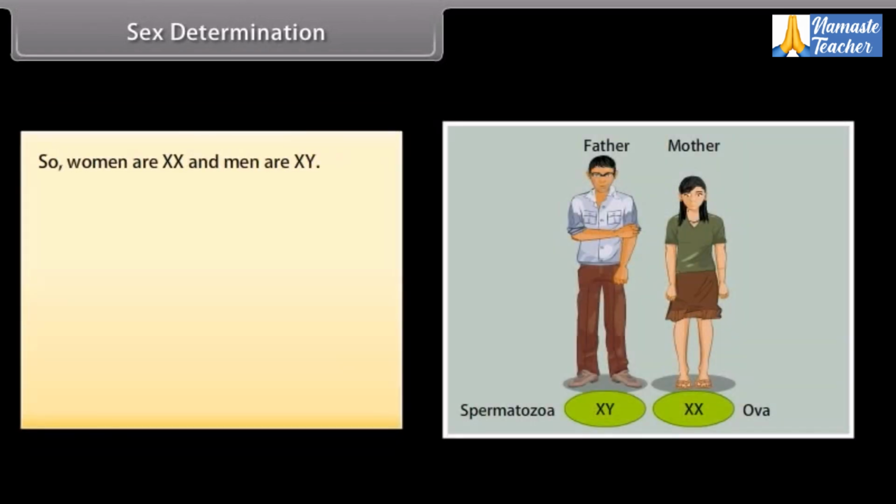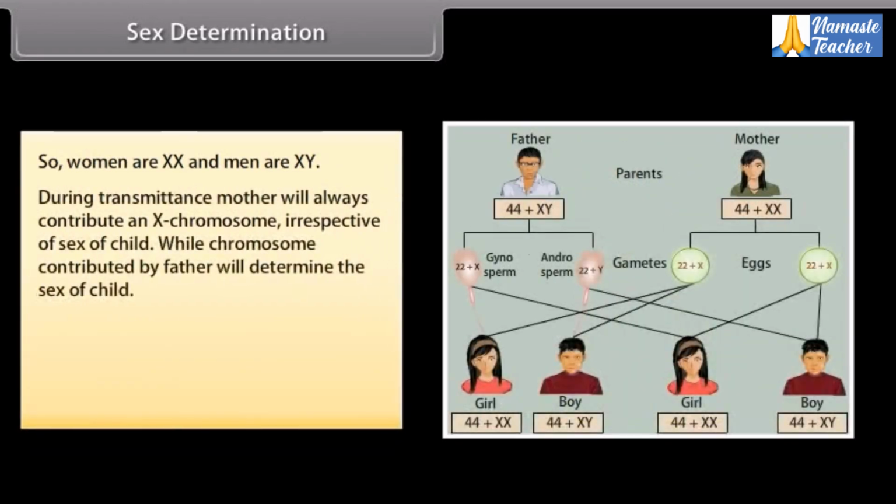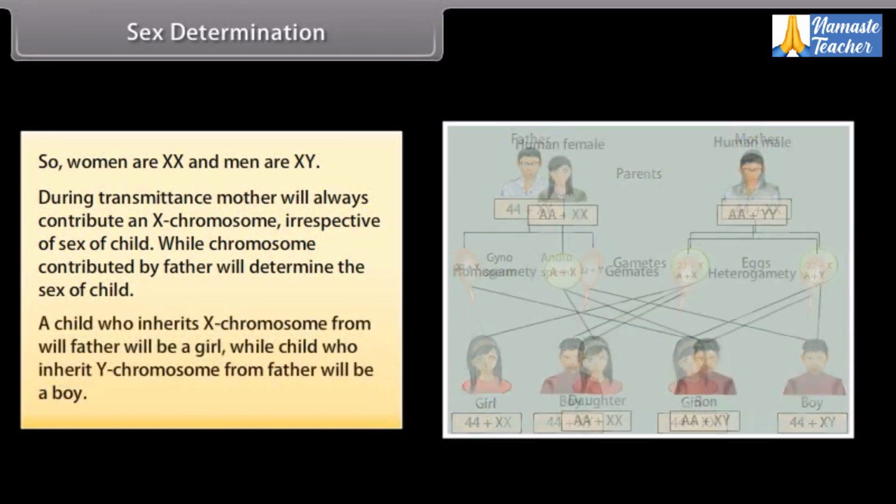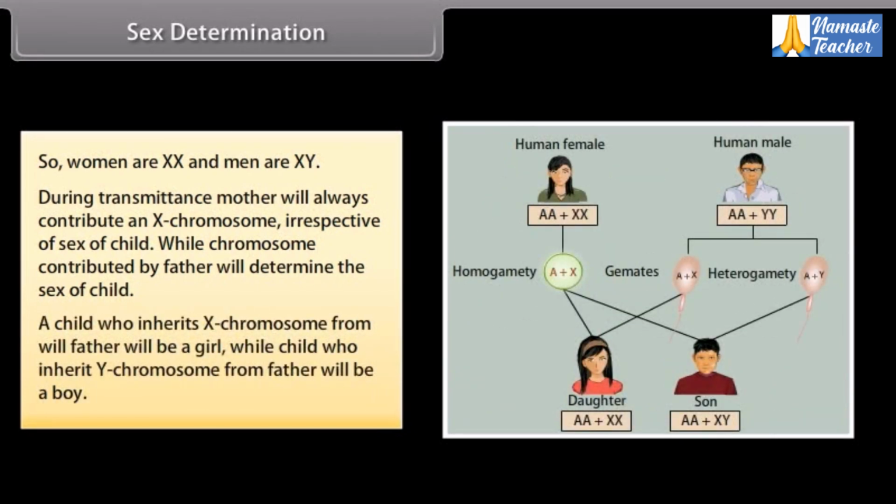So women are XX and men are XY. During transmittance, the mother will always contribute an X chromosome irrespective of the sex of the child, while the chromosome contributed by the father will determine the sex of the child. A child who inherits an X chromosome from the father will be a girl, while a child who inherits a Y chromosome from the father will be a boy.